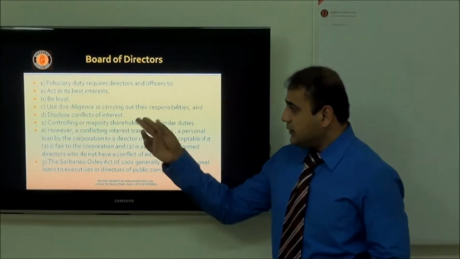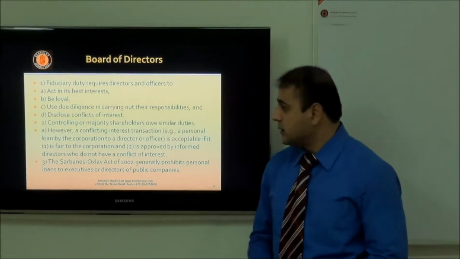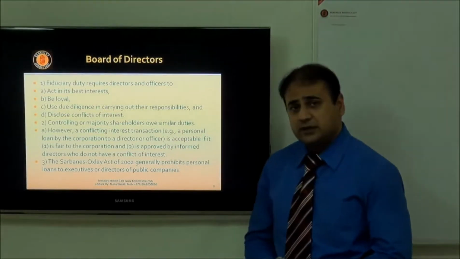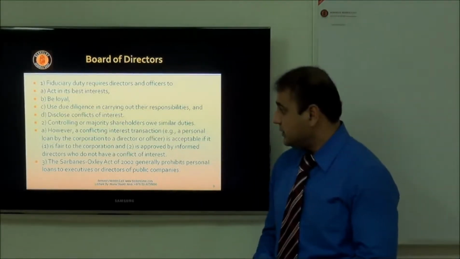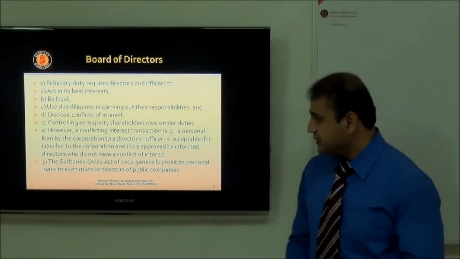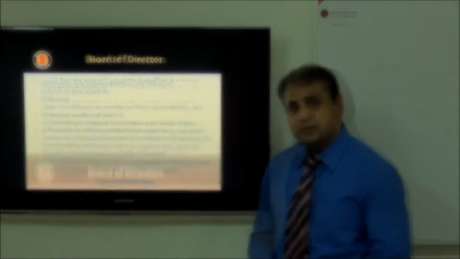Then if there is any conflict of interest, you have to disclose. Controlling or majority shareholders owe similar duties, and the Sarbanes-Oxley Act 2002 generally prohibits personal loans to an executive or a director of a public company.